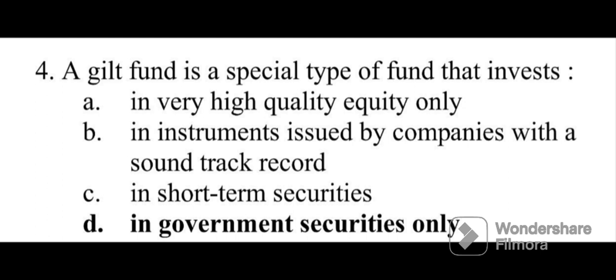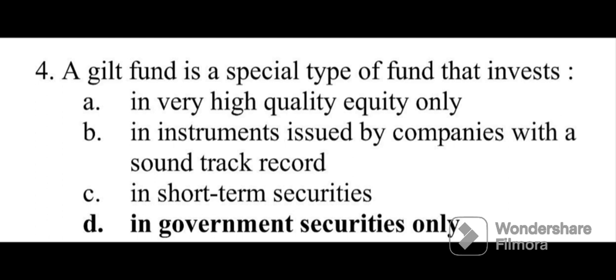So we will discuss this question in a little detail here. The type of fund which invests only in government securities. It can be treasury bills, it can be RBI bonds. Option A is in very high quality equity only.